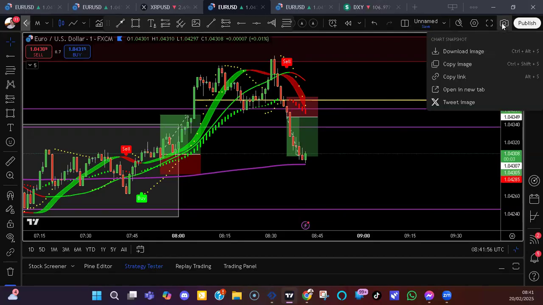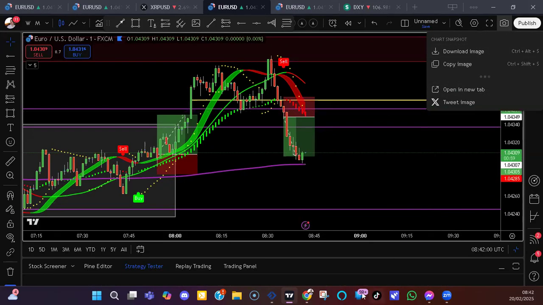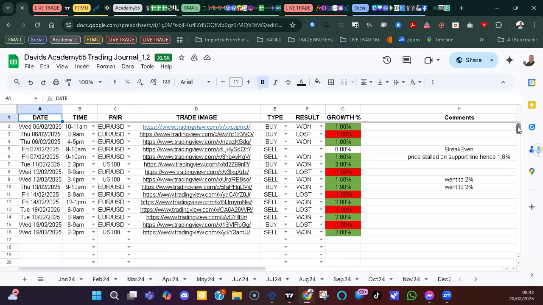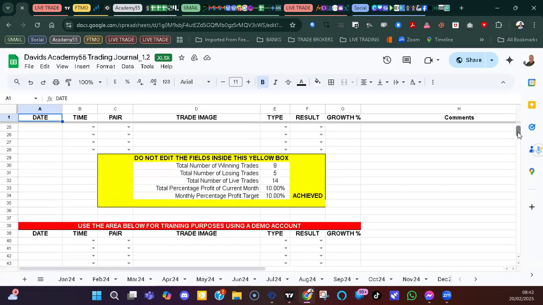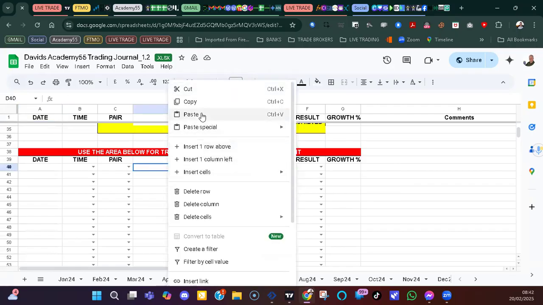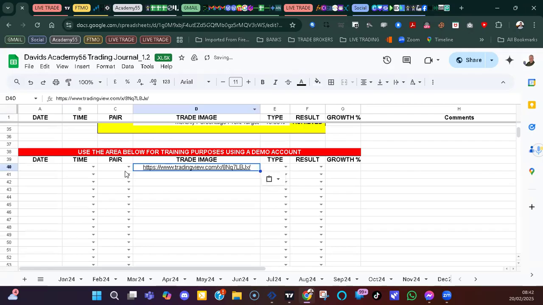So what we do is we copy the link, get my journal back. This is the journal. And as you can see, my 10% is achieved. Now I've got a space underneath where I take the demo trades, because that's already locked in my 10%. So I paste it in there.